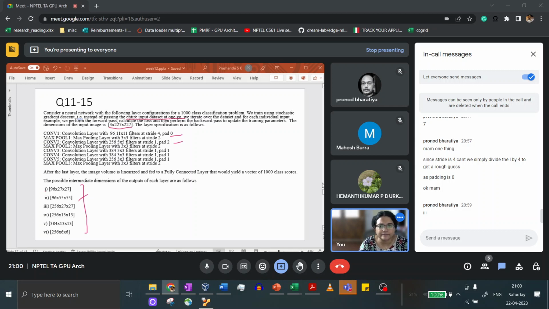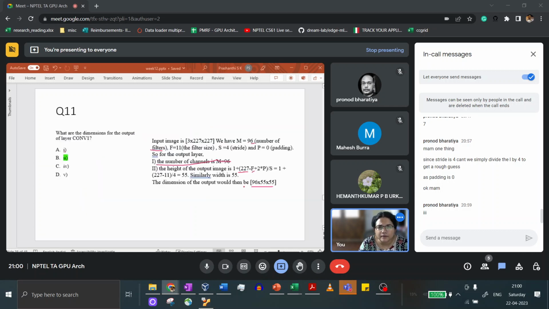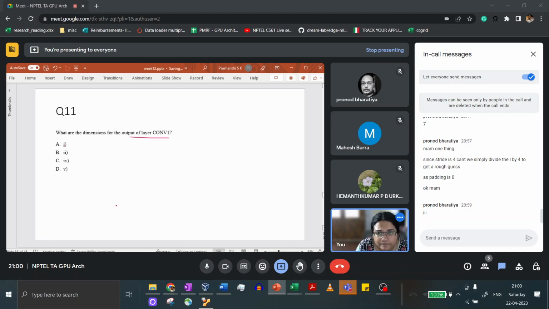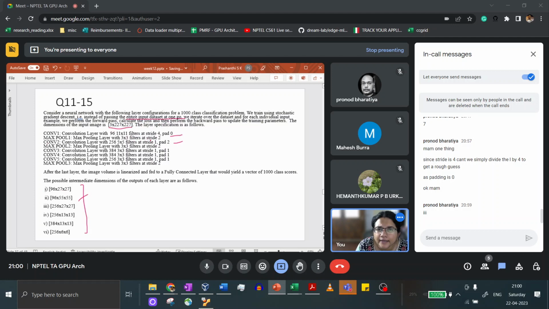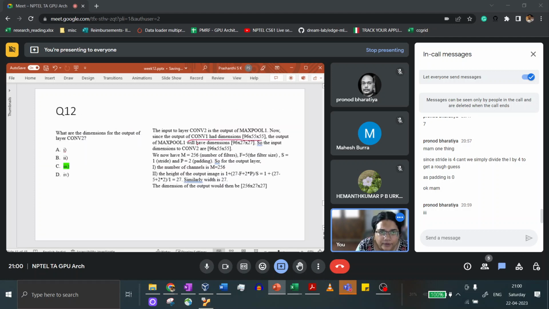Three, okay. Yes, 3 is correct. So you can look through this. You have already figured out the conv dimensions. So now you have to put in the max pool filter size and stride and figure out what would be the output of it.